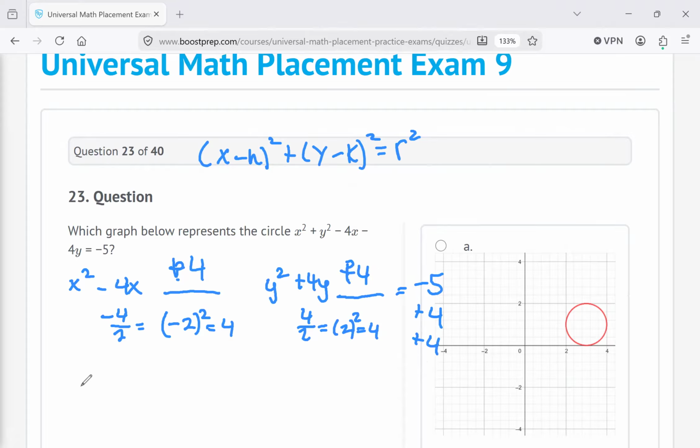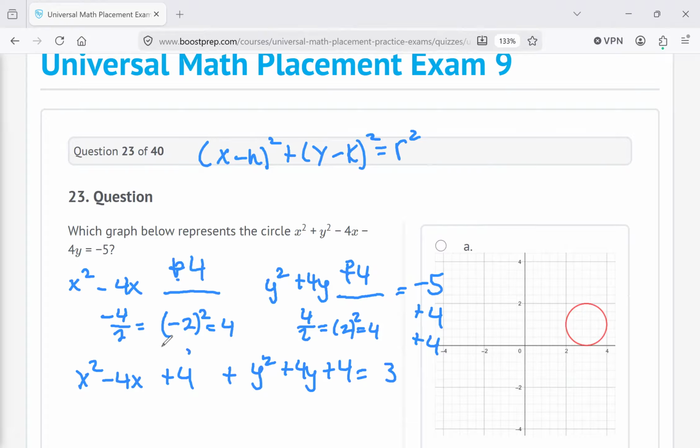So you get x squared minus 4x plus 4 plus y squared plus 4y plus 4. And then 4 plus 4 is 8. 8 minus 5 is 3.